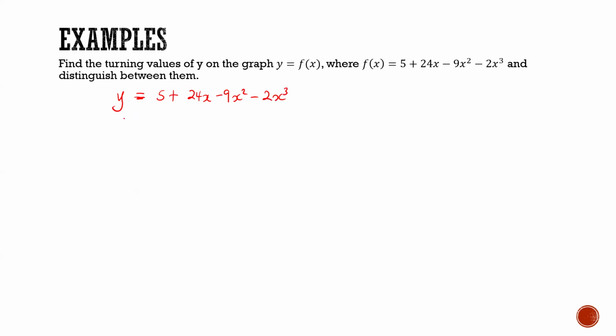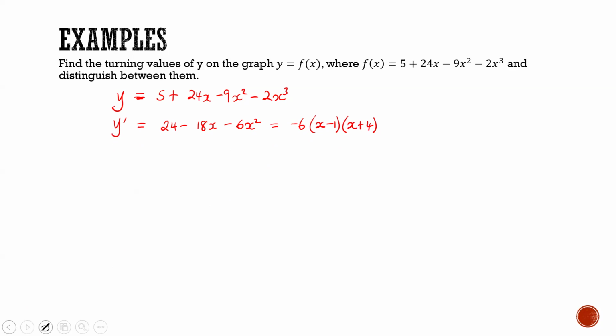Now to get the turning points, we differentiate to get the gradient of the tangent. We can write dy/dx like that. So this would be 24 minus 18x minus 6x squared. We could factorize this to negative 6 times (x minus 1) times (x plus 4), if you're keen.